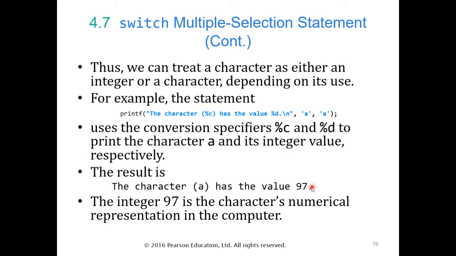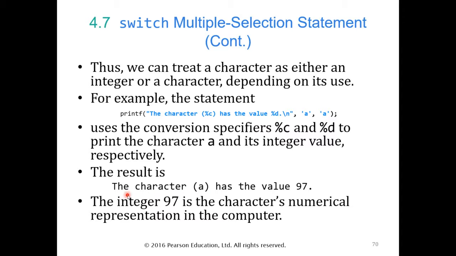Because the C language stores characters as integer values, that's why this program still works. So even though grade is an integer variable, you can use it to make decisions about characters, because C automatically converts characters that it gets into integers.